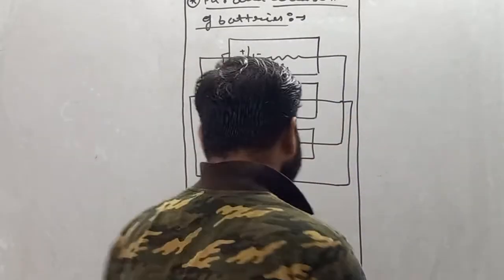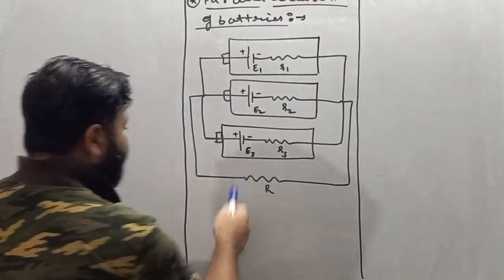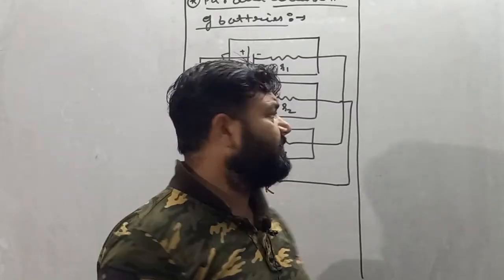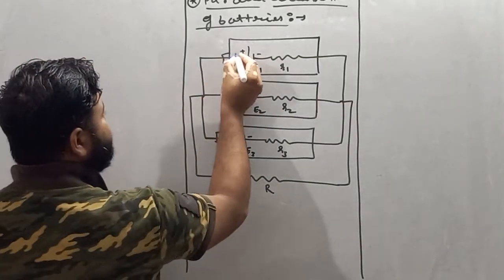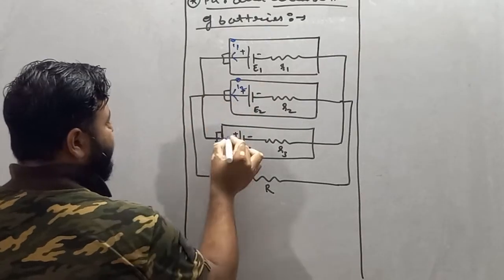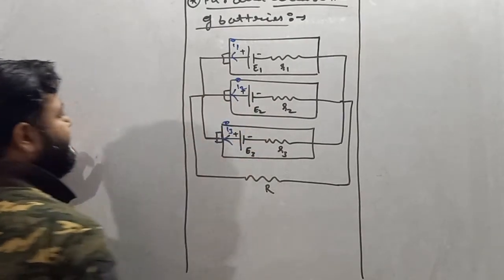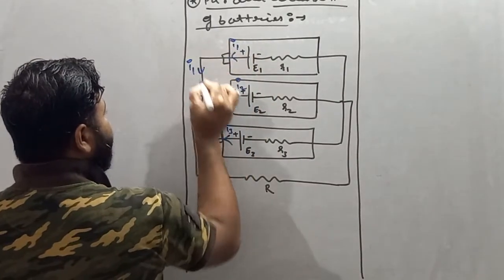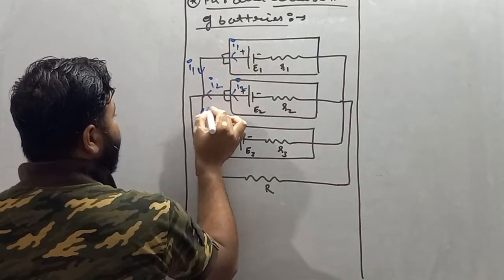Now see, we know that the external resistor draws current from the battery. So let's suppose the first battery gives some I1 current, the second battery gives some I2 current and the third battery gives some I3 current. Now this I1 moves forward, I2 moves forward and I3 moves forward.